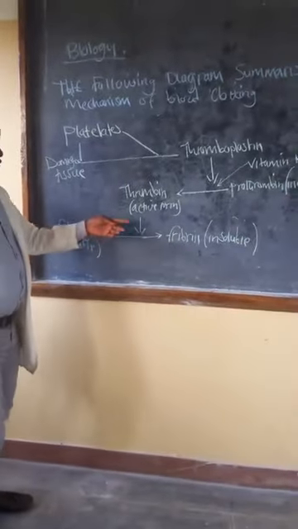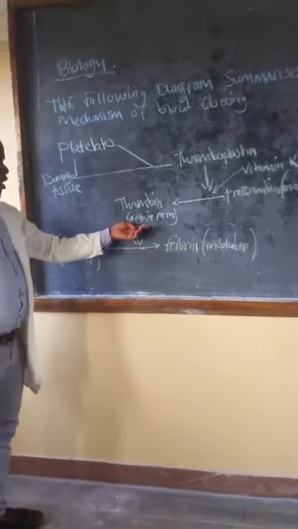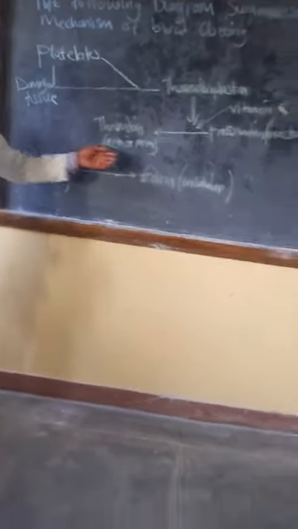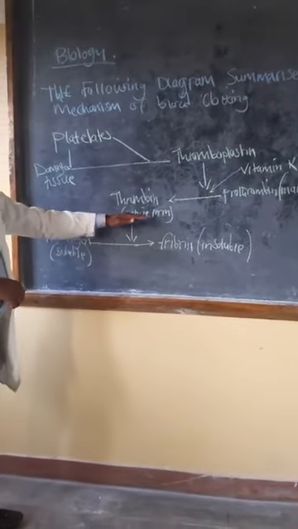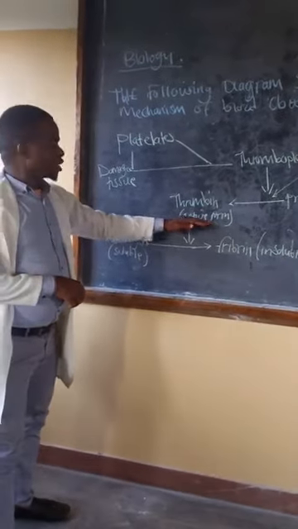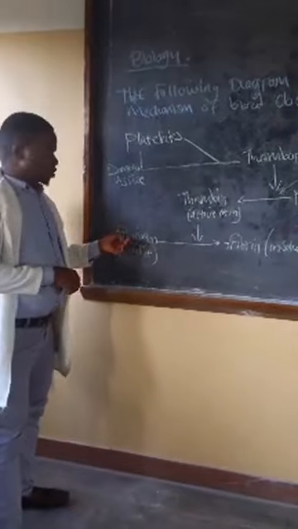Now, the name of the plasma protein that this thrombin acts on is called what? Thrombinogen.